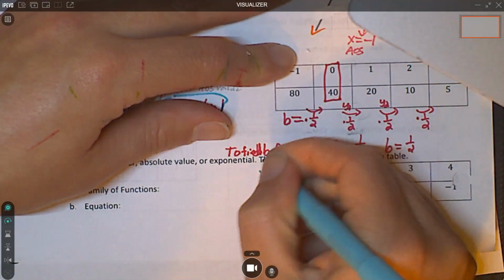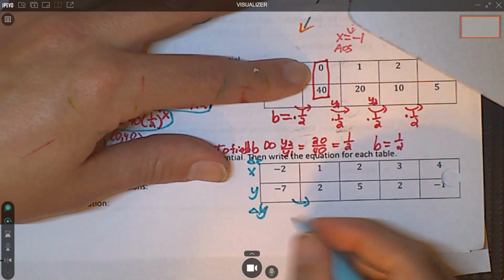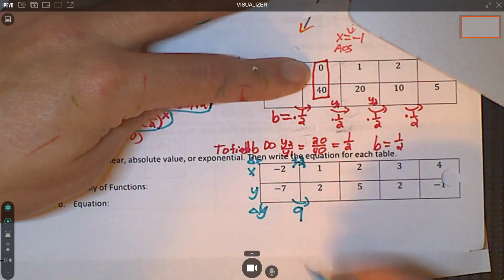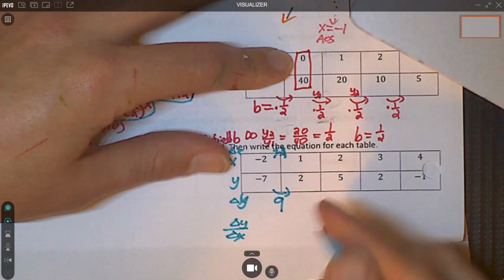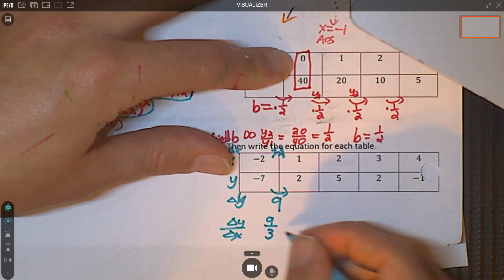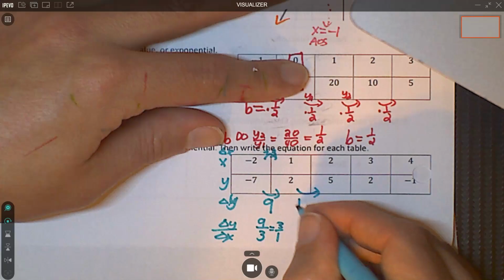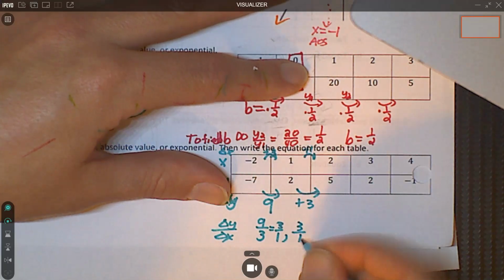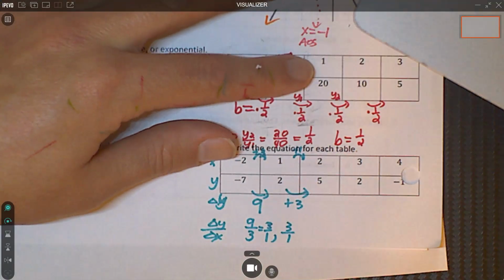Change in y, change in x. That went up 9. That went up 3. This is how you rule out linear and absolute value. So it'd be 3 over 1. Up 3. Up 1. So again, it's looking good.